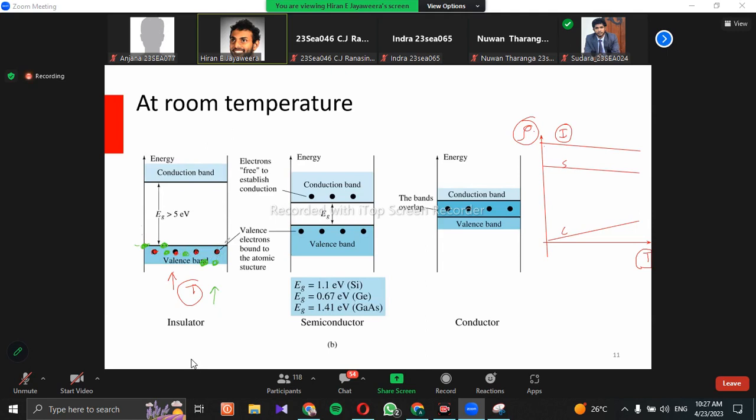If the energy given by increasing the temperature is large enough, like 5 electron volts, then the electrons having the highest energy, these two electrons, will jump to the conduction band. Is it clear?